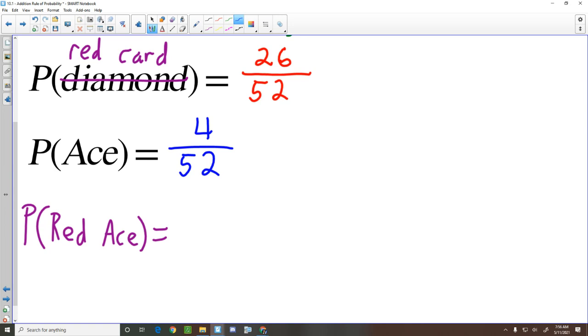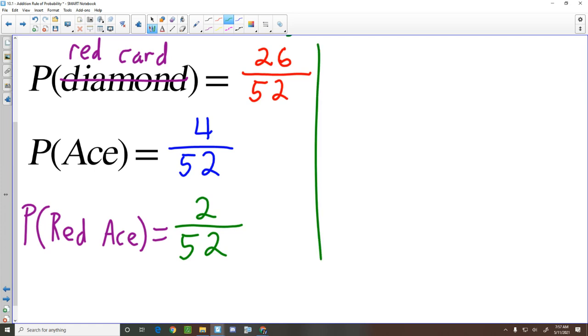There's some overlap between those 2 because some of these cards are added twice. Because the probability of drawing a red ace, well, that's 2 cards out of 52 are both red and an ace. So I have to subtract that out because I double counted it. I counted it with my red card total and I added it with my ace card total. Because there's 2 cards that are in both of those sets. I can't count that twice.